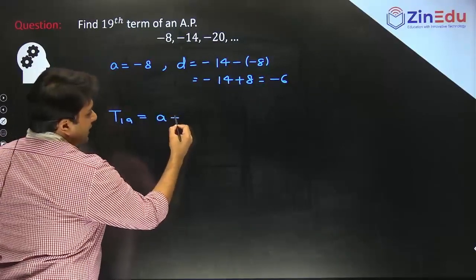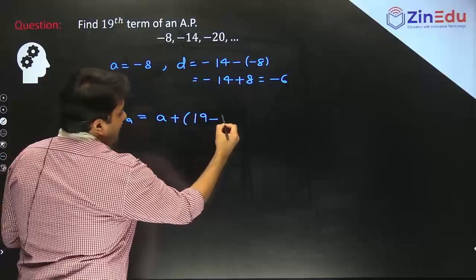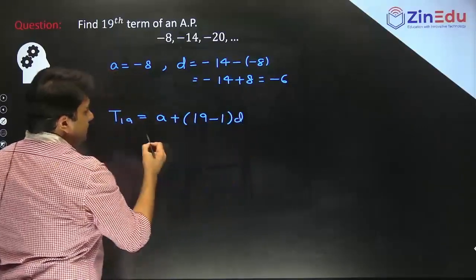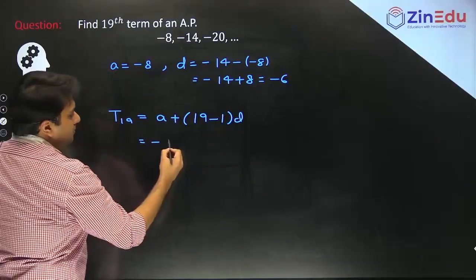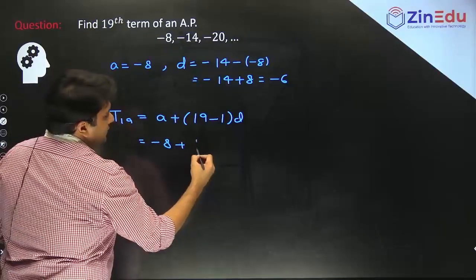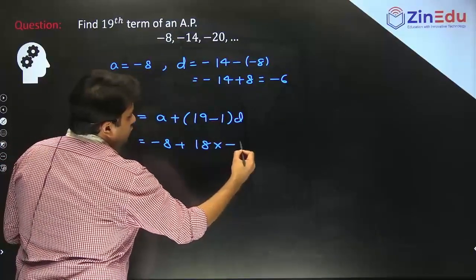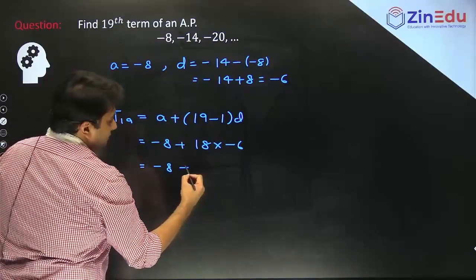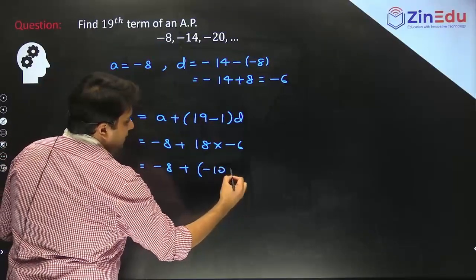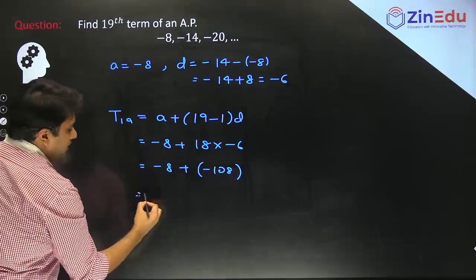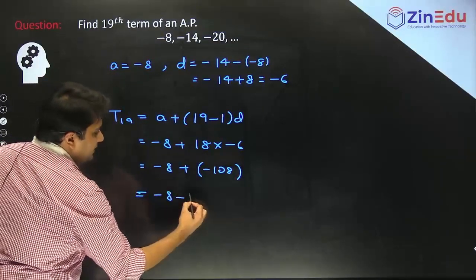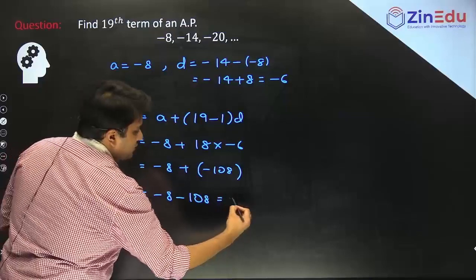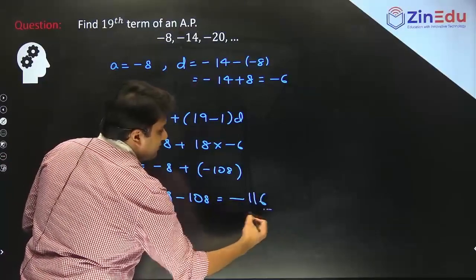That would be given by A plus 19 minus 1 into D. A is minus 8 over here. This would be 18 into minus 6. So this is minus 8 plus minus 108, so this would be minus 8 minus 108, which becomes minus 116.